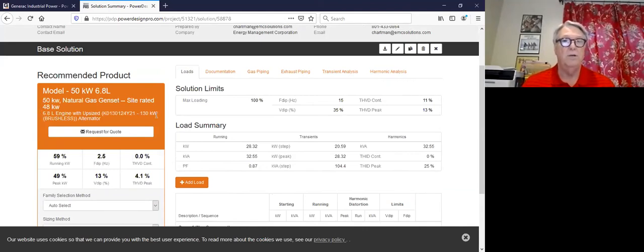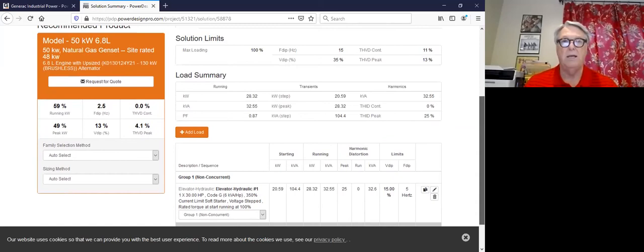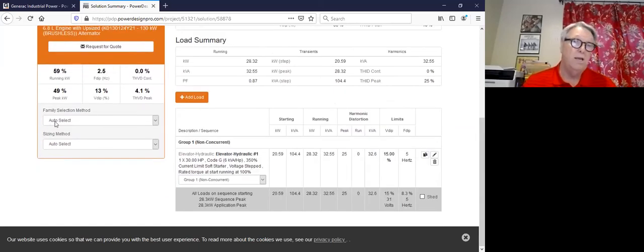My alternator went from 70 kilowatts to 130 kilowatts, so it almost doubled the size of the alternator. I can go through here and just add more and more loads, and it will go ahead and just do my automatic analysis.